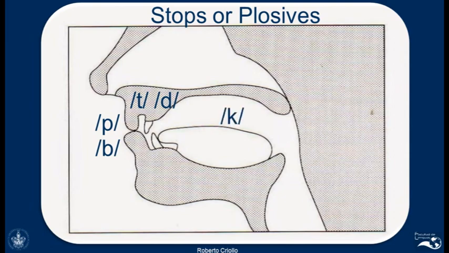Now, finally, we have also the sound k, which is produced again with the obstruction of the back of the tongue and our soft palate, right? Which produces this explosion. K. And of course, there is also the voiced sound g, which is exactly the same sound as k, but with an additional vibration of our vocal cords.